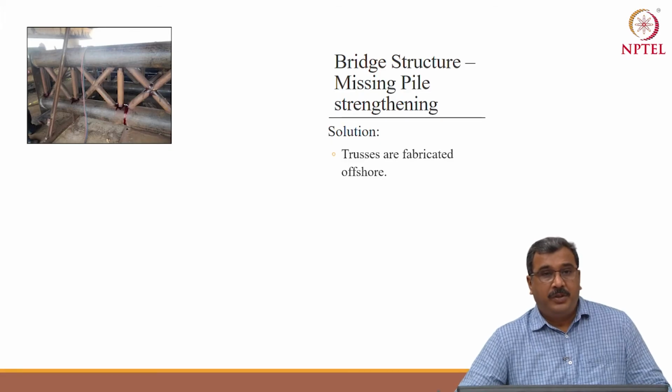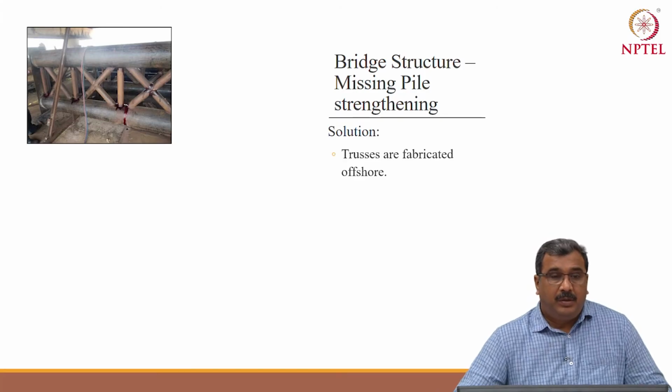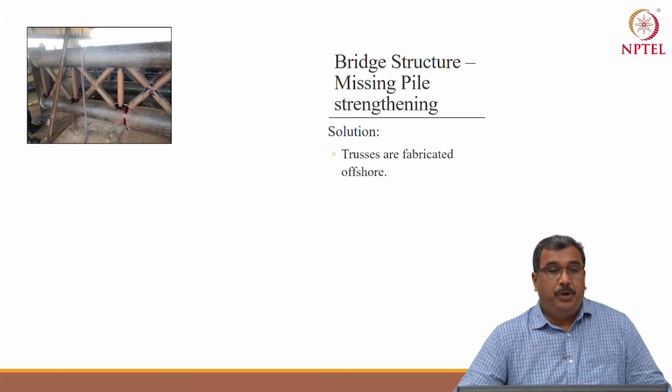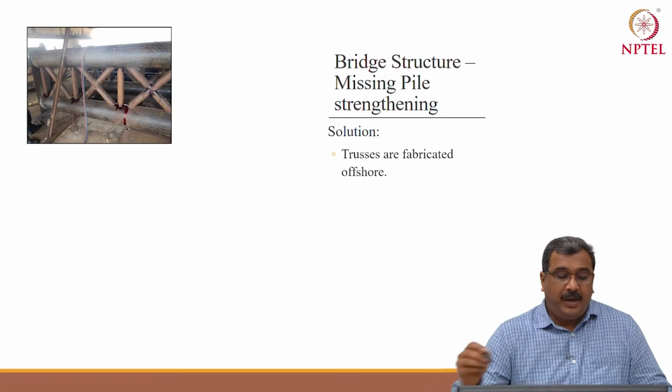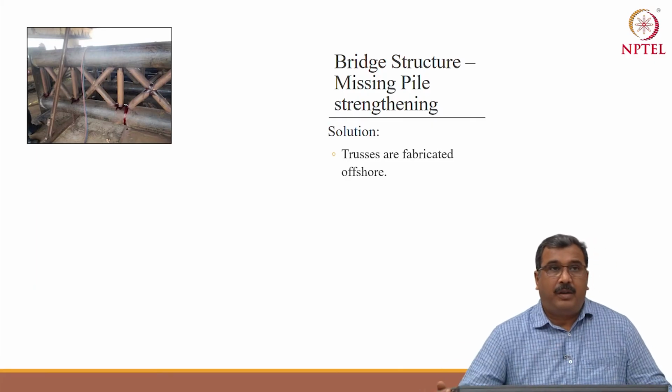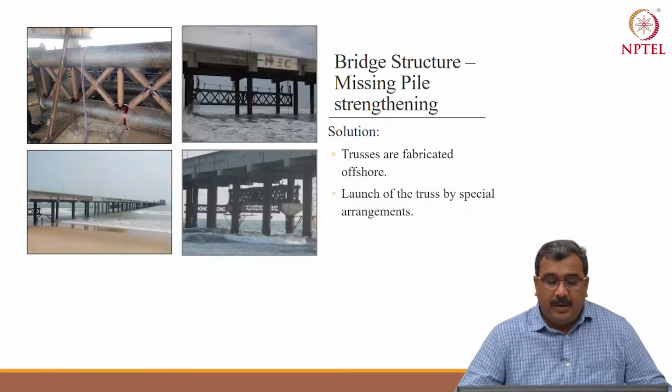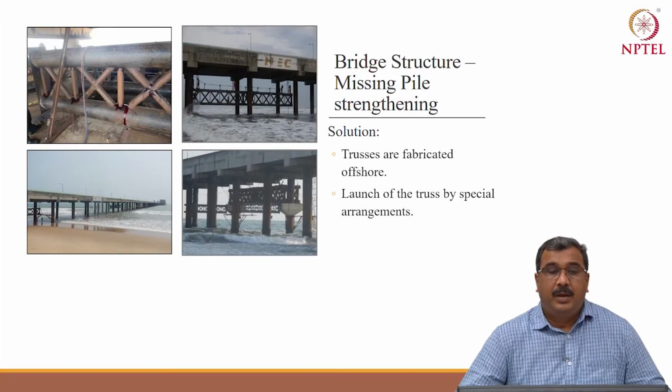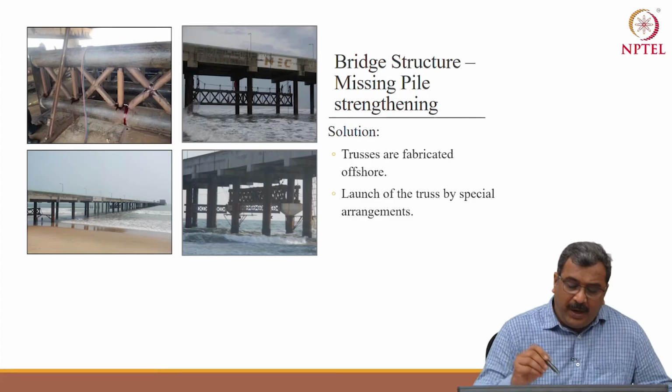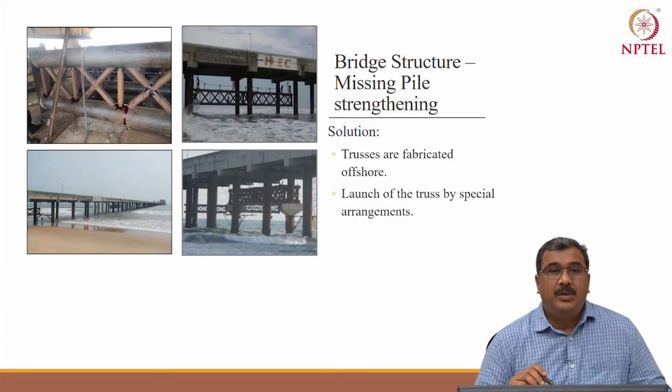Although that was not sufficient, initially a tubular truss was fabricated, as you can see in the photograph. This truss has to be taken and placed on these two brackets. That was a big problem.